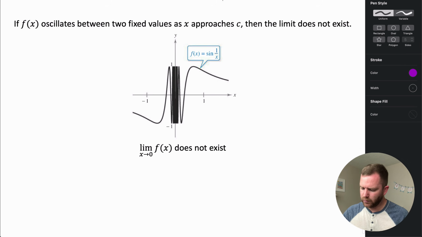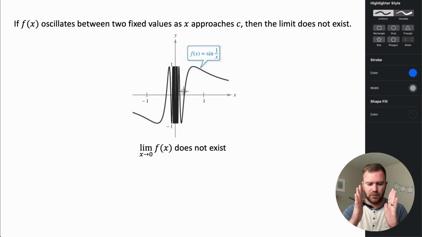Okay, and then one quick note is if a function oscillates between two fixed values as we approach some value that we're trying to find the limit at, then we say that the limit doesn't exist. So we have this function here, f of x equals the sine of 1 over x. And it has this kind of crazy graph here that oscillates back and forth between 1 and negative 1.